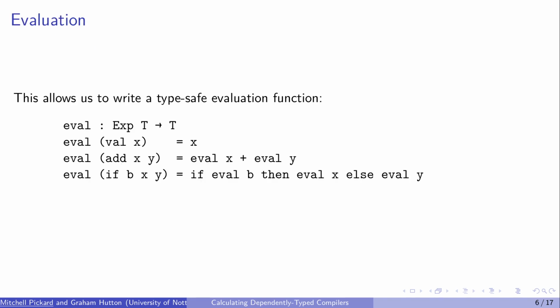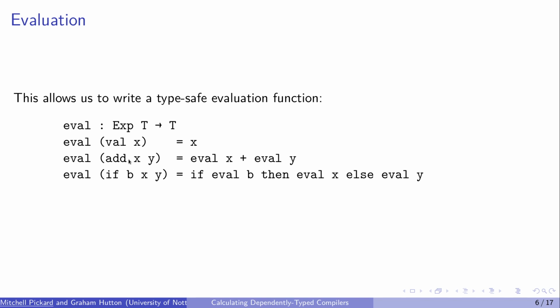And then we can write a simple evaluation function, which is going to be the specification of our language. This is how the language behaves, and we just take the exp of t, whatever type this is, and return a basic Agda type of t. So a value just gets collapsed into the value that's inside.